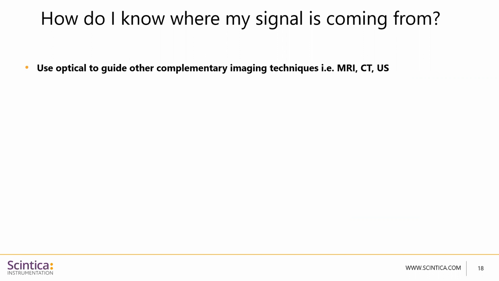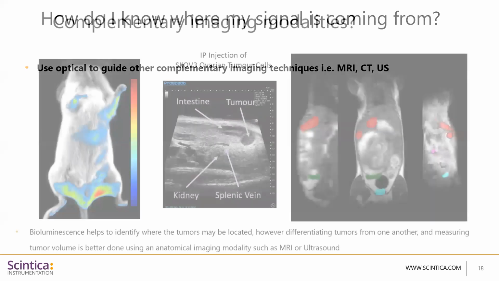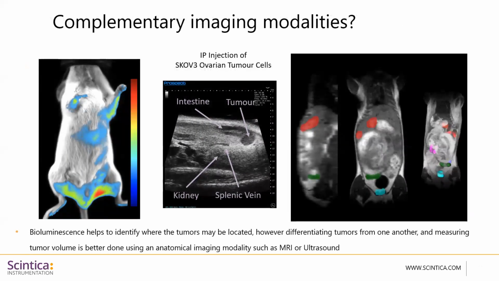The first is to use optical to guide other complementary imaging techniques, such as MRI, CT, or ultrasound. Here I'm showing an example of some data Tanya and I collected during our live demo in October, where we had some pretty confusing optical signal. It was kind of all over the place. This was an IP injection of ovarian cells, and it was very diffuse.